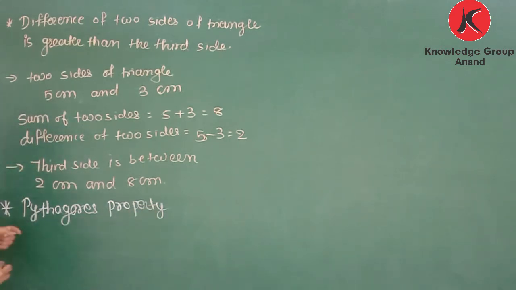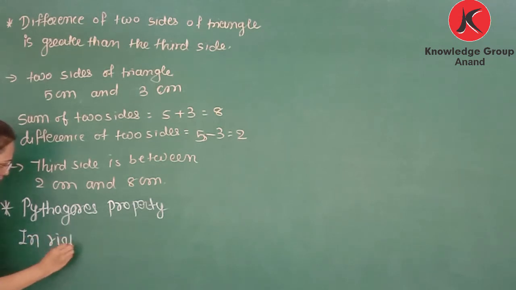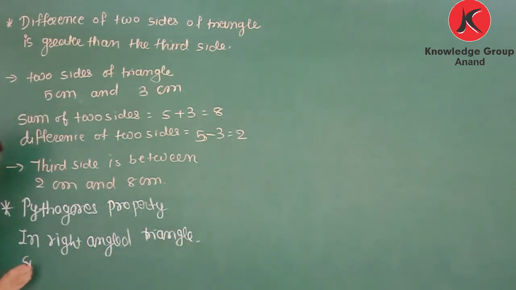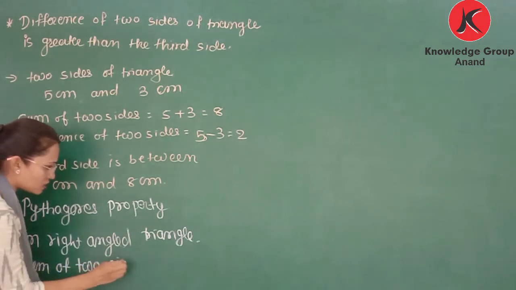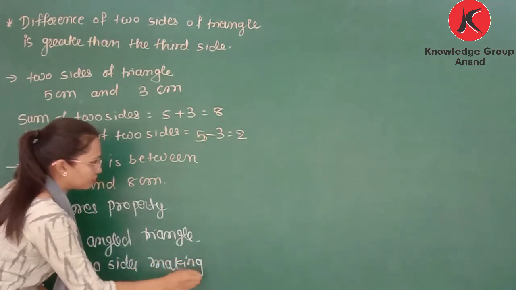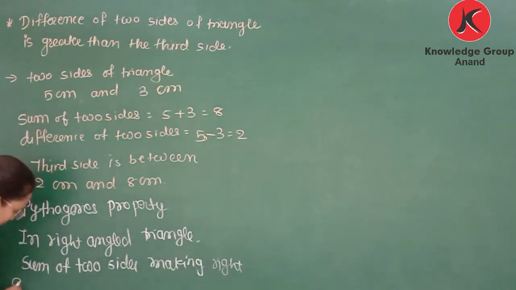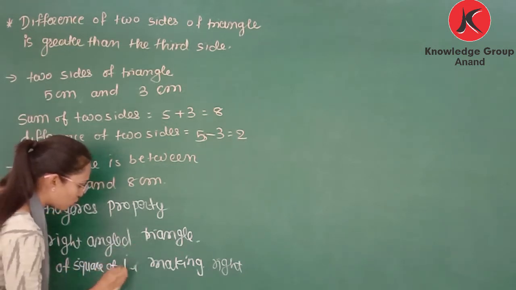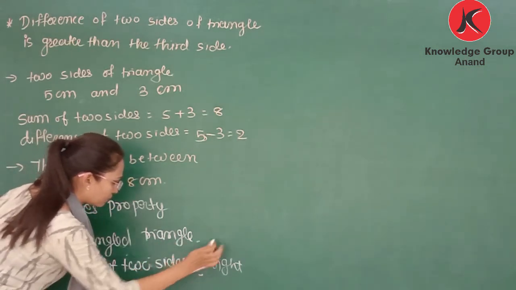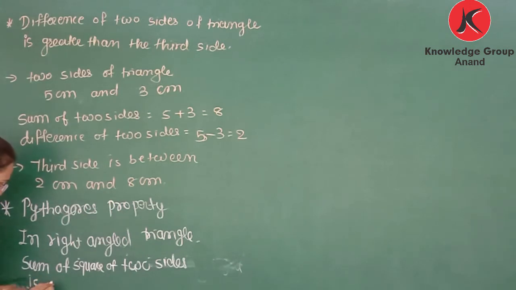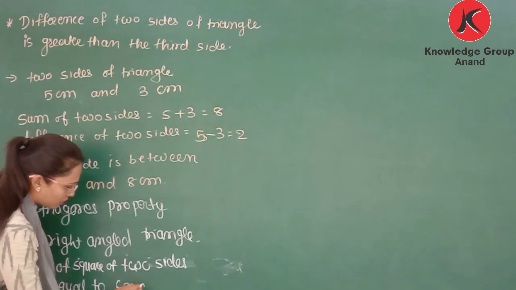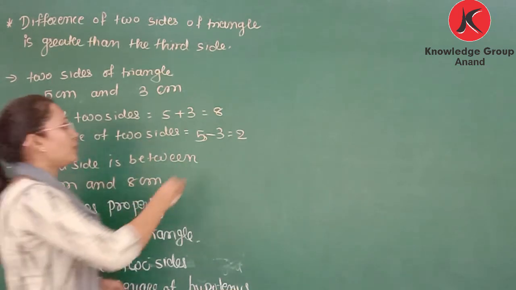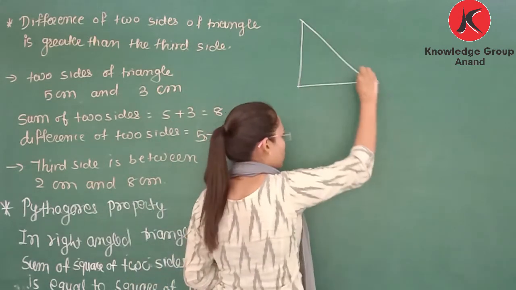Pythagoras property says that in a right angle triangle, the sum of the squares of the two sides making the right angle is equal to the square of the hypotenuse.